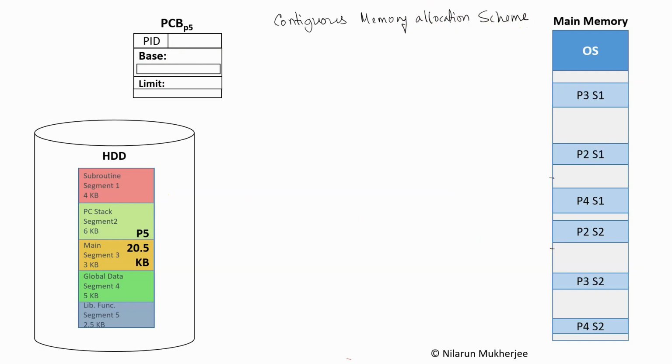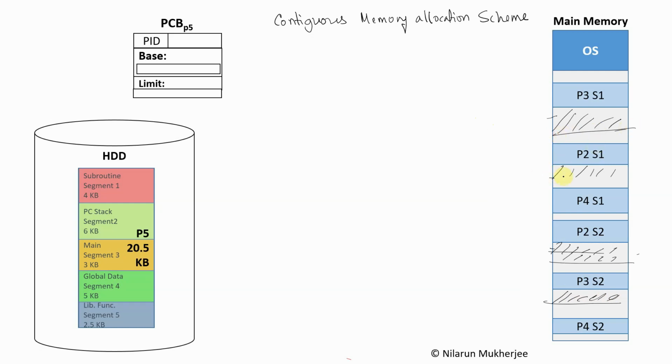So if I try to load them in several holes, how will it be loaded? Suppose I load the segment here and load the next segment here, and the next two segments one after one here, and the last segment here.